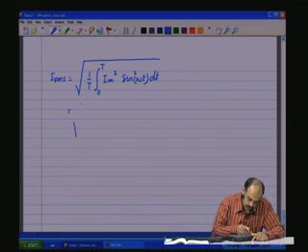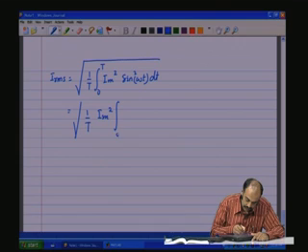which is equal to square root 1 by T. Let us take Im square outside, integral of 0 to T, this is nothing but 1 minus cos 2 omega t by 2 dt.